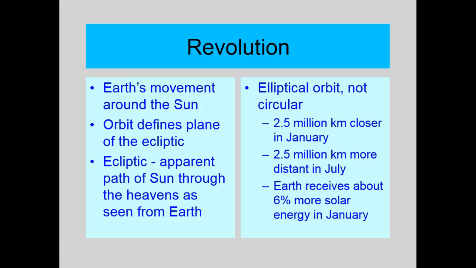And we're about 2.5 million kilometers closer in January than we are in July. 2.5 million kilometers more distance in July. Now, I don't know if that's total difference or if those add to be 5 million, but what's 5 million among 193 million miles?